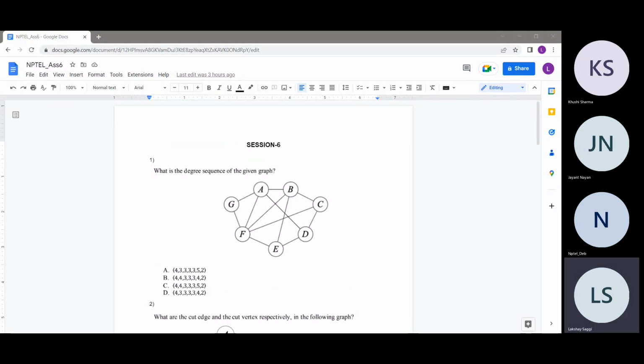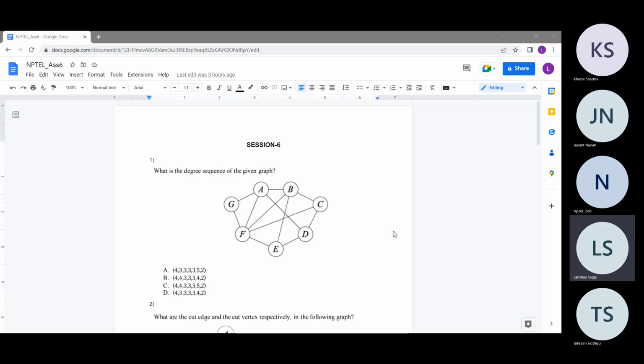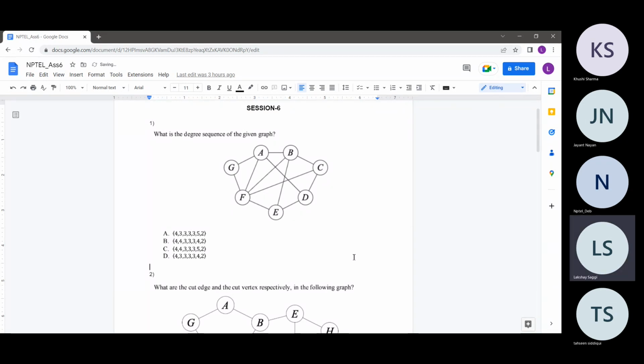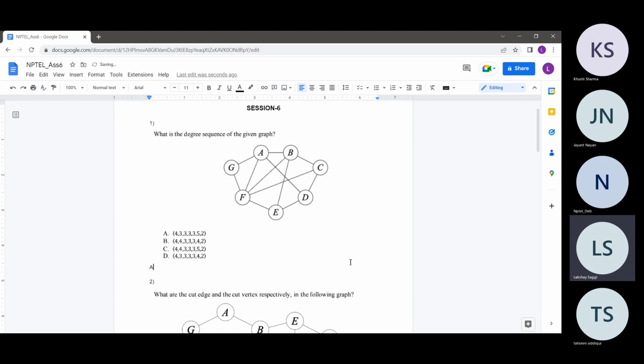You can let me know in chat if it is not visible, or if it is visible, you can just put a thumbs up. Is my screen visible, guys? Can you let me know? Okay, nice. So it's visible. Thanks, Kushi.